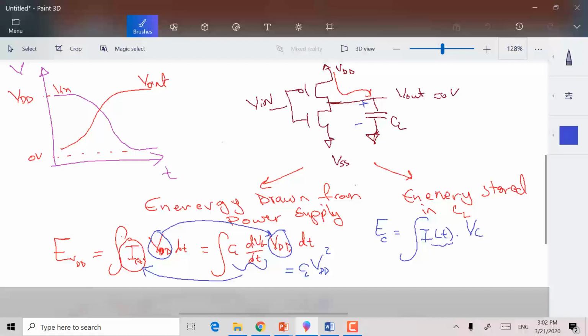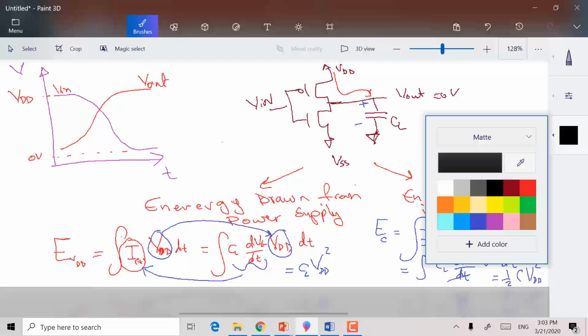If you replace the equation here for the current, it will be CL dV over dt V dt. Watch the cancellation here. And we end up with the result equal to half C VDD square.